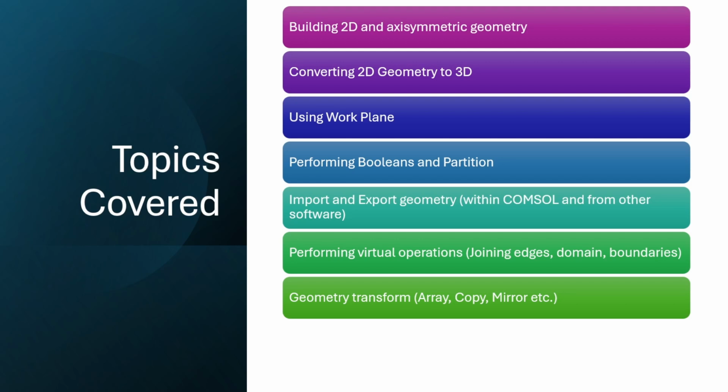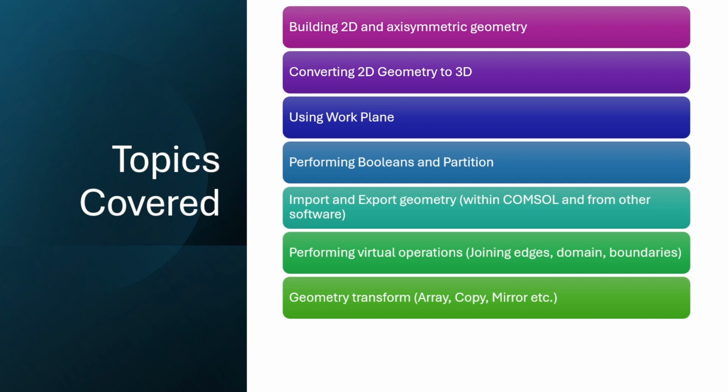And then how you can convert the 2D geometry into 3D geometry using work planes and perform Boolean and partitions, like how you can merge different geometries into one, or you can cut one geometry from the other geometry in COMSOL. Also, COMSOL gives you the option to import geometries from other software like AutoCAD or Fusion 360, or there are different software.